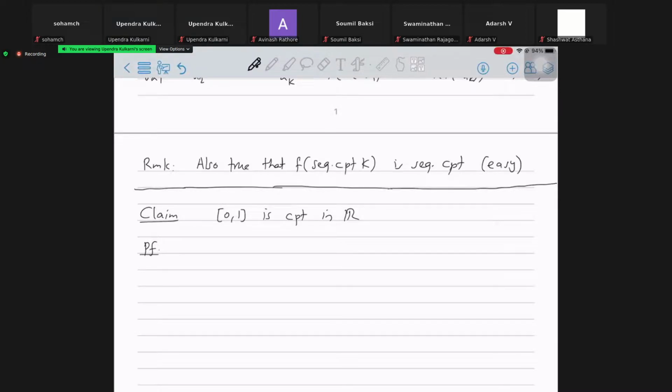Given an open cover. Right. So I first have to take an open cover. So let's do the same thing. Let V alpha, in some index set, be a family of open sets in R covering the closed interval 0, 1.